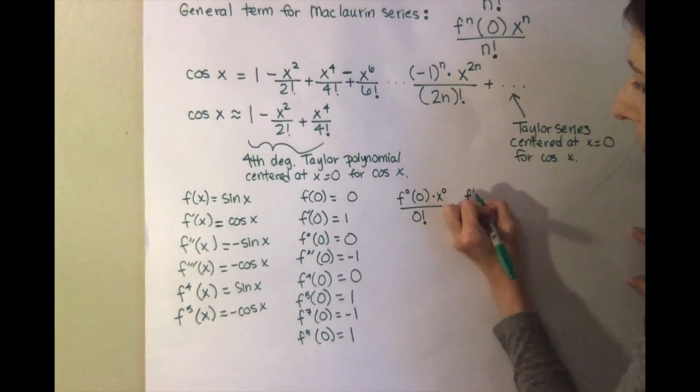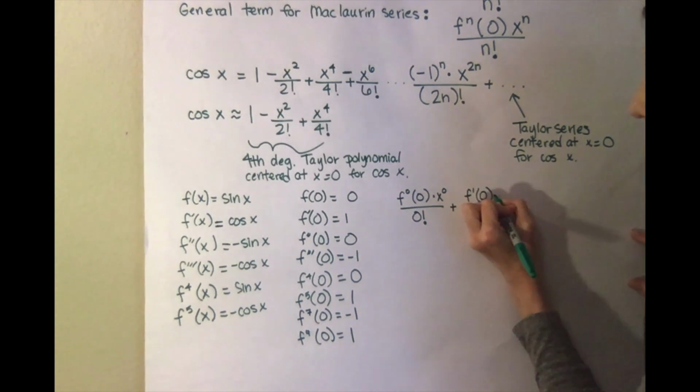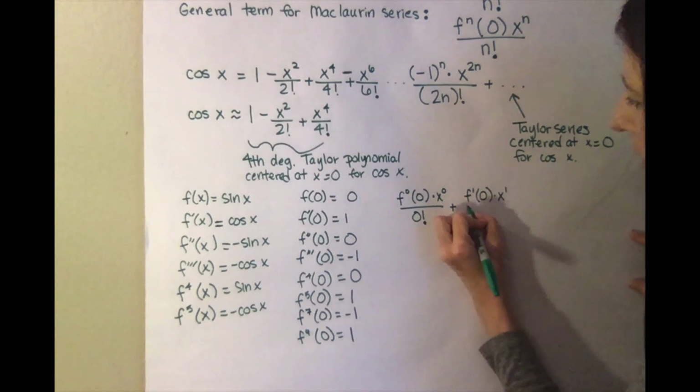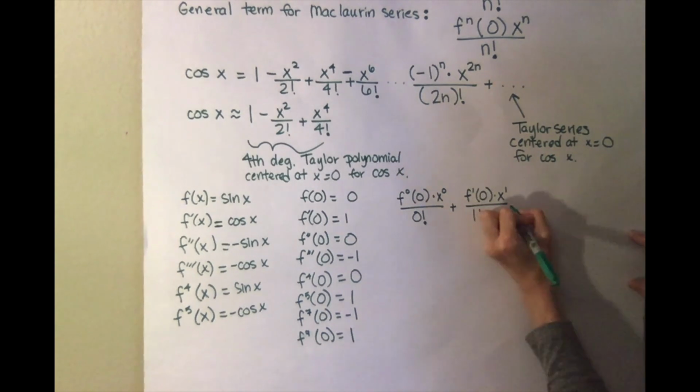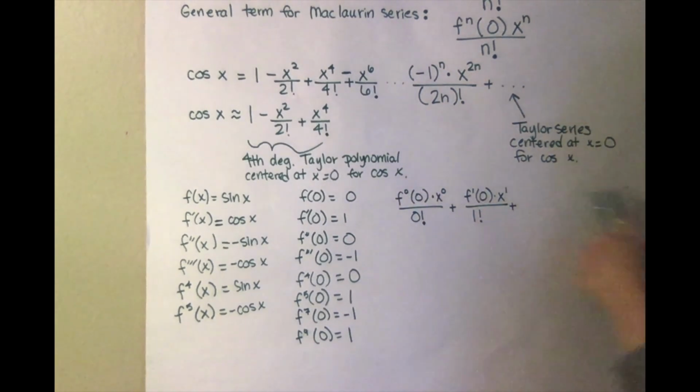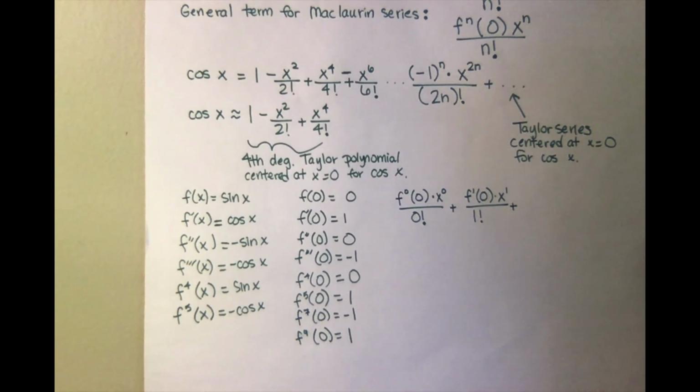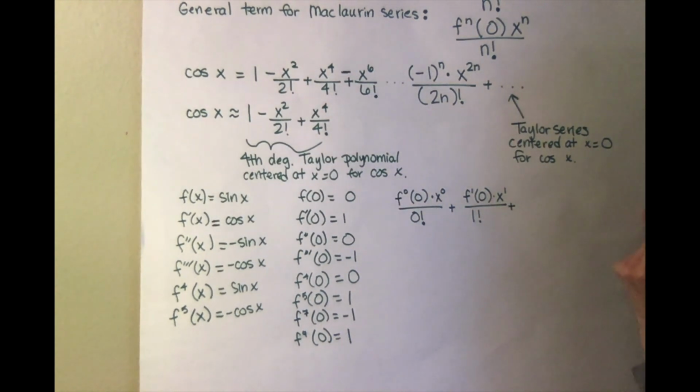The first derivative evaluated at 0 times x to the first over 1 factorial. Write out a few more terms. This is really good practice for you just to be more familiar with the formula for the general term for Maclaurin series. So go ahead and pause the video, and then you can resume it, and I'll write out the next couple terms.